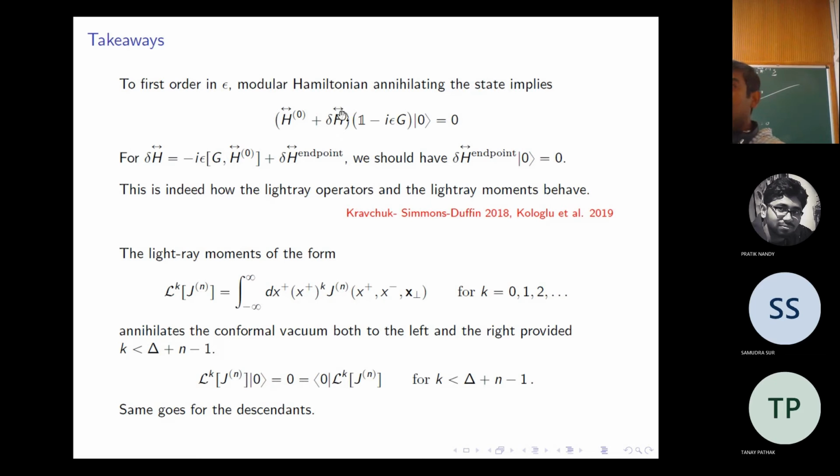Then if you write delta H, the first order change in H, as the commutator piece plus the endpoint piece, then once again using the fact that H0 annihilates the vacuum state, you can show that the endpoint contribution by itself should annihilate the vacuum state. And in fact the light rays and light ray moments that we got do annihilate the vacuum state. This is shown in a paper by Kravchuk, Simmons-Duffin, and Kologlu.